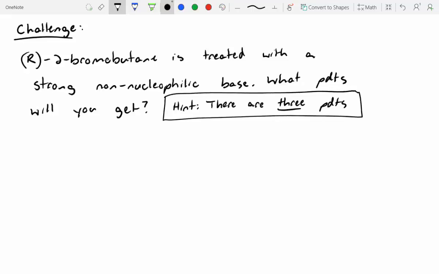So I'll give you guys a minute to work on this, but try to work through it and then check with the neighbor to compare your answers and see if you guys are both coming up with the same sort of explanation.